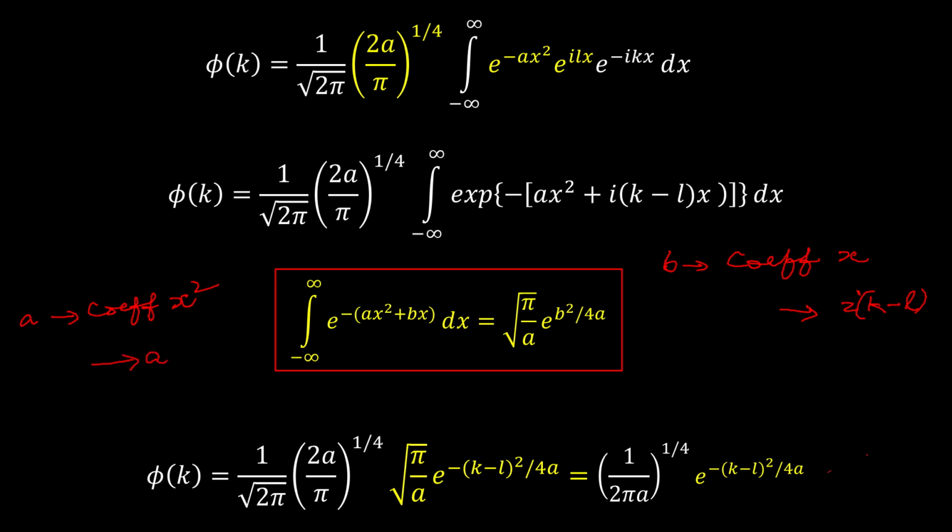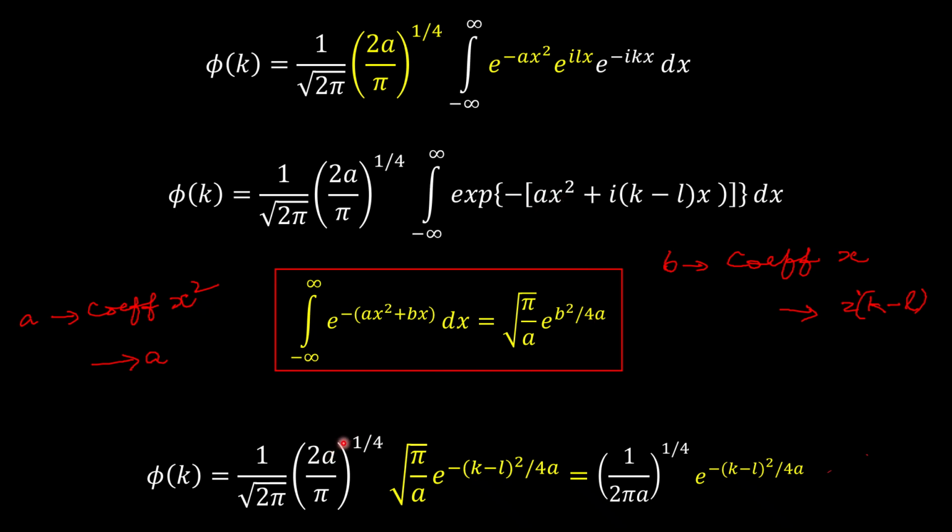So you substitute it here, and you keep this term as it is, and square root of pi by a. This p squared is i multiplied by k minus L whole squared, which will become, since i squared is minus 1, minus k minus L whole squared over 4a. A is the coefficient of x squared.